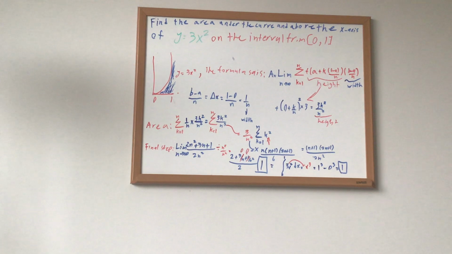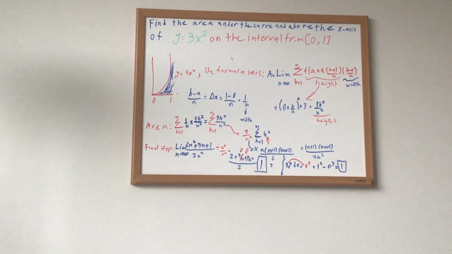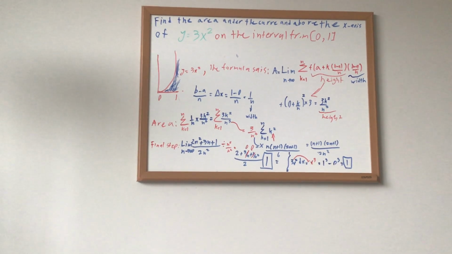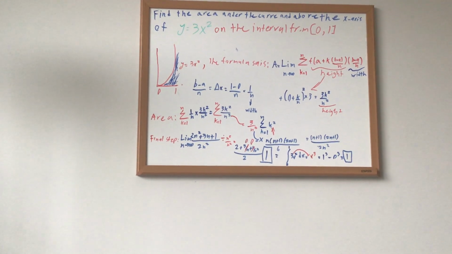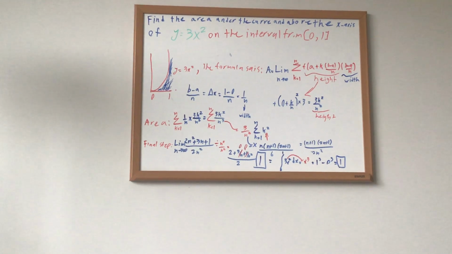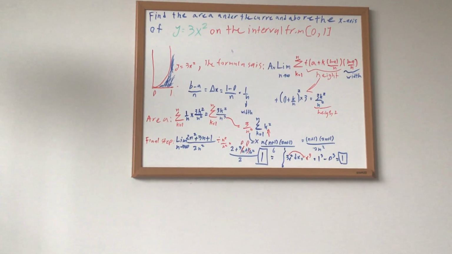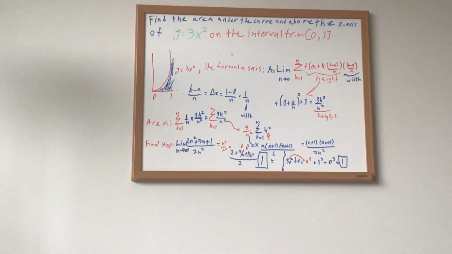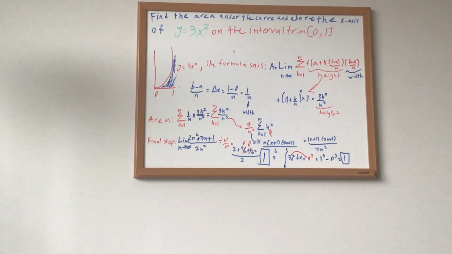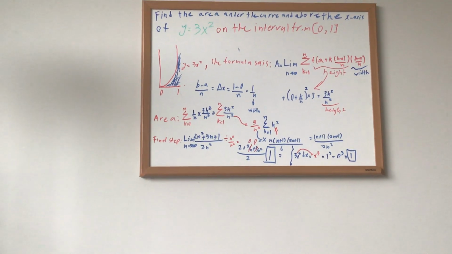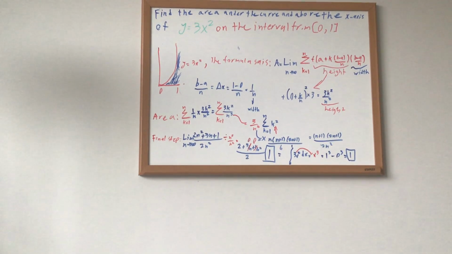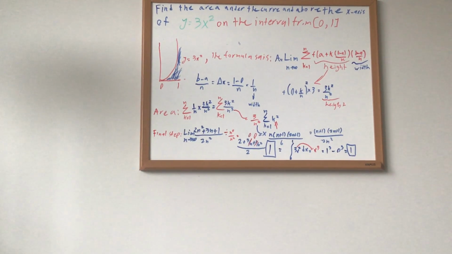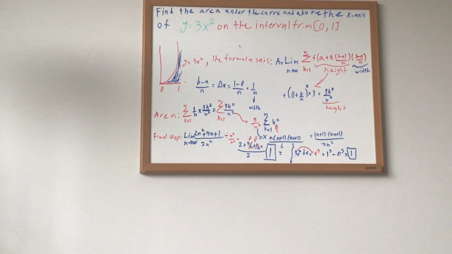We see that the highest degree is n squared, so we can divide the numerator and denominator by n squared, because n squared over n squared is 1. It doesn't change the overall value of the expression, but it simplifies it. So 2n squared divided by n squared is just 2, 3n over n squared is just 3 over n, and 1 over n squared is 1 divided by n squared. And in the denominator, 2n squared divided by n squared is 2.